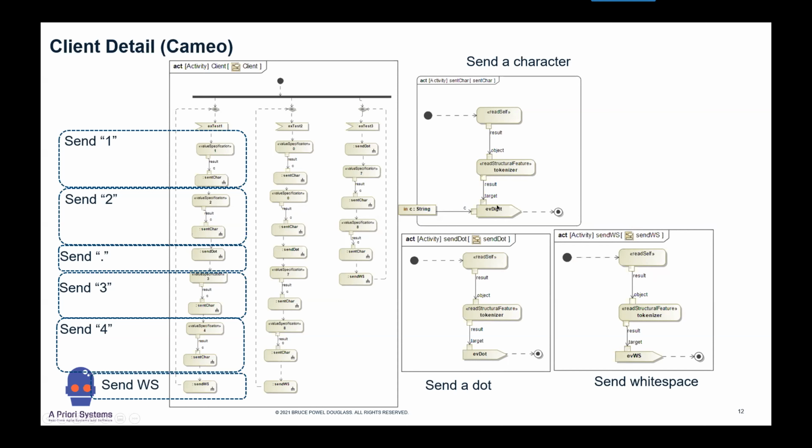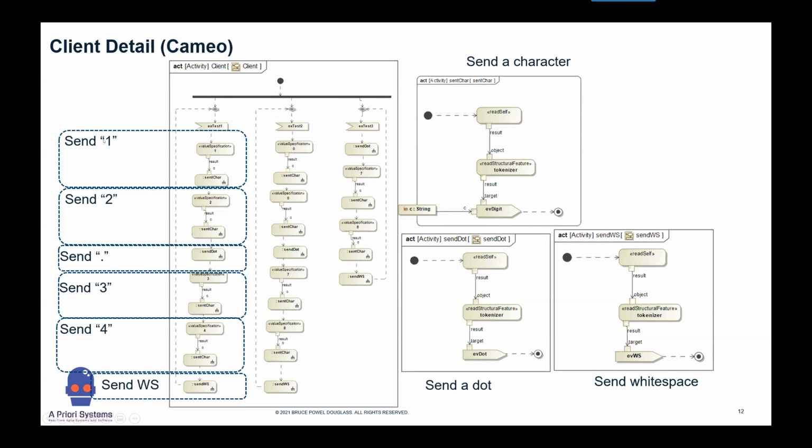And in Cameo, I've specified the target pin on the digit event. To do that, I need the reference property and I need the read self. So it can be done. It's just a little bit more work in Cameo than Rhapsody, but the same thing can be done. And so this is how I'm sending the digit out.